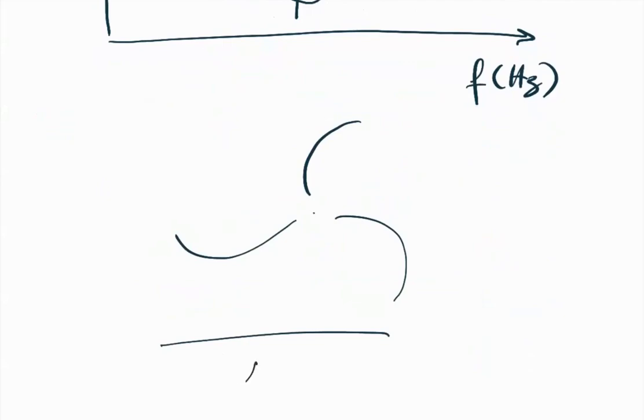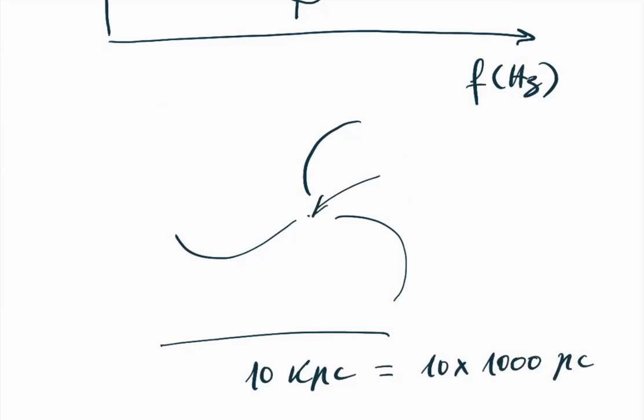A few tens of kiloparsecs, which means 10 times 1,000 parsecs, right? And a black hole with a mass, so let's say that this thing here is a black hole. The spatial radius of a black hole with a mass of 10 to the 6 solar masses is 10 to the -7 parsecs. I think this is correct.